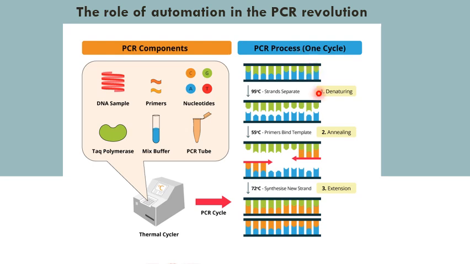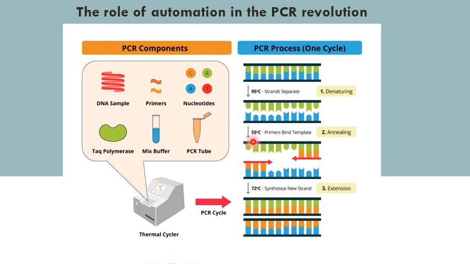You just program the cycle. We will have this in the lab. To start the PCR process, you just program the denaturation, annealing, and extension temperatures according to your program. Let's say here you will set the temperature to 95 centigrade for a certain amount of time.